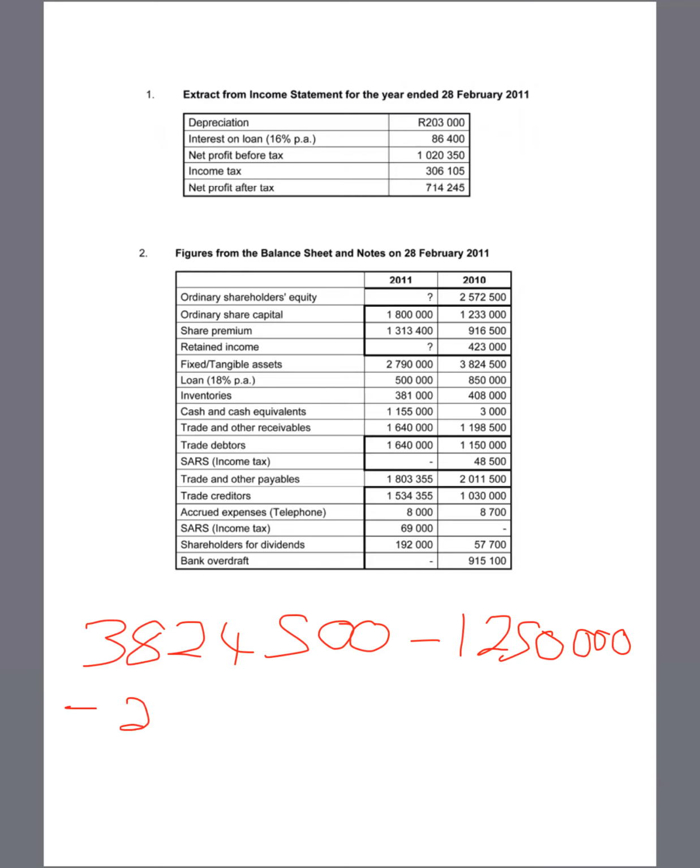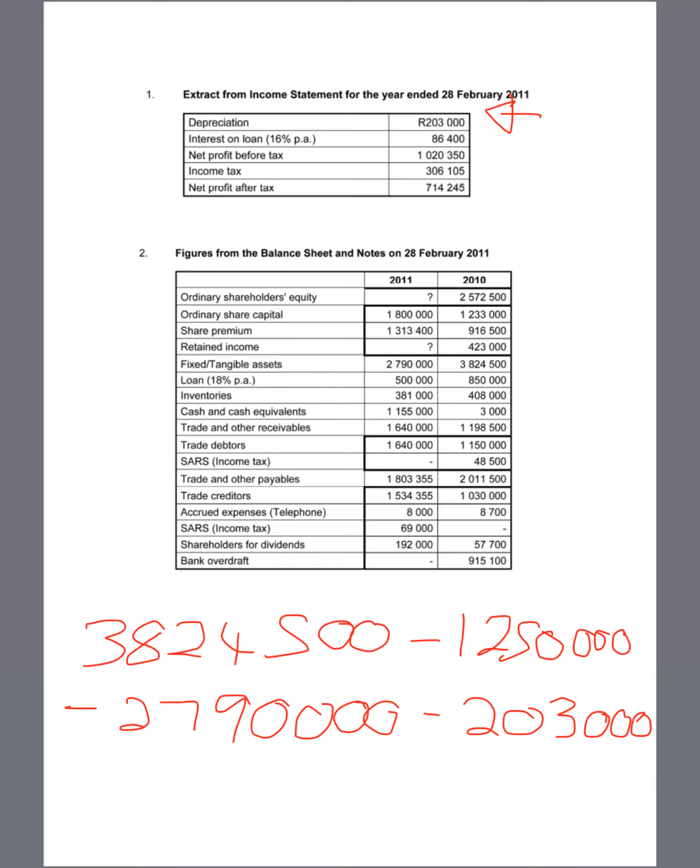So my closing balance is 2,790,000. And then after doing that, I'm going to also minus my depreciation of 203,000. So to calculate my purchase of fixed assets, what do I do?